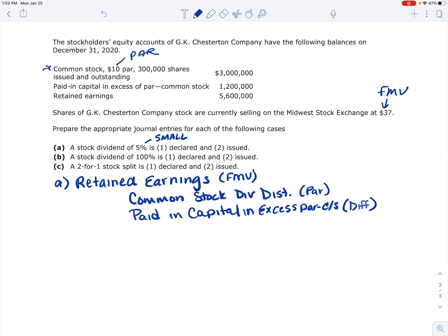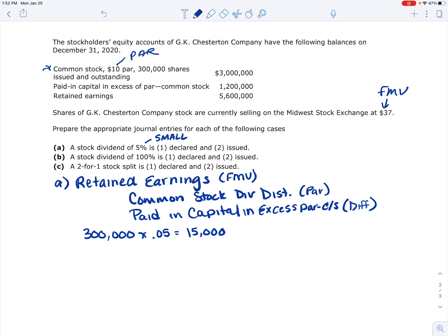So going through that, I have a 5% stock dividend that I need to issue. So what I'm going to do is take that 300,000 shares, times 0.05, which gives me 15,000 shares.